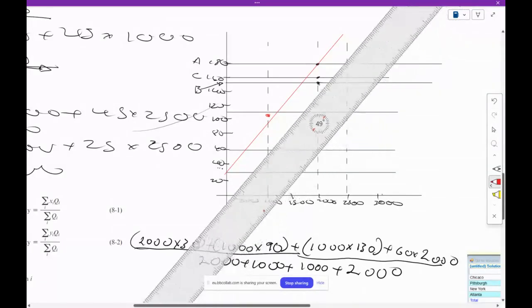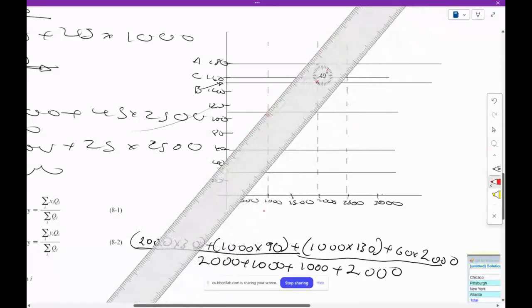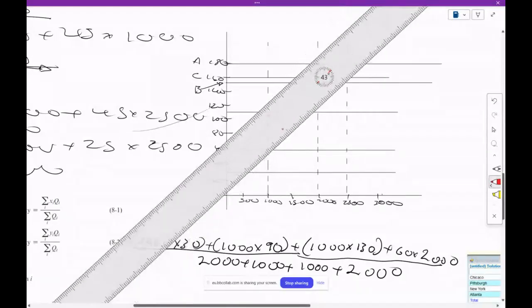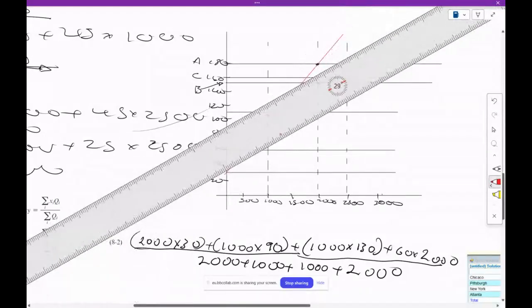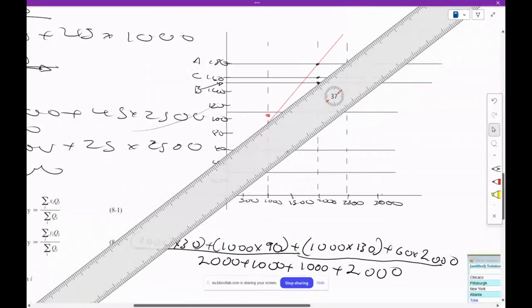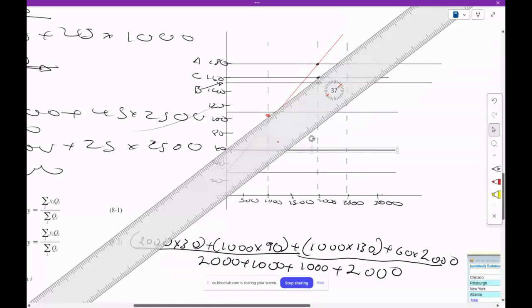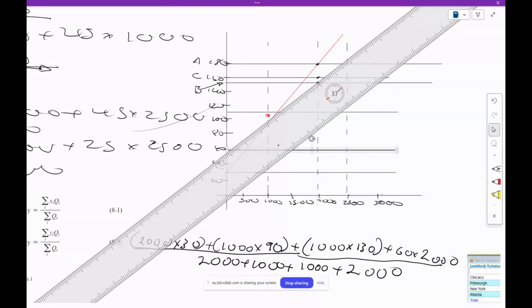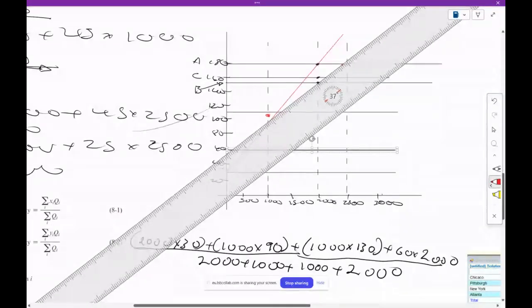And then for B, I believe it's 60 thousand. B is going there.